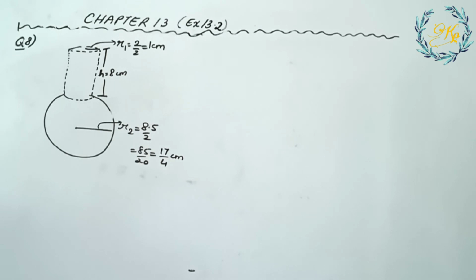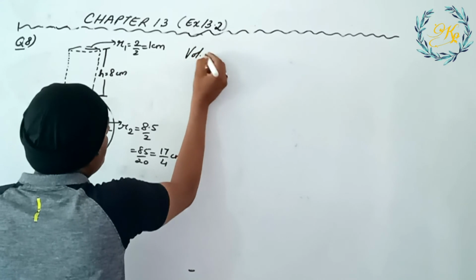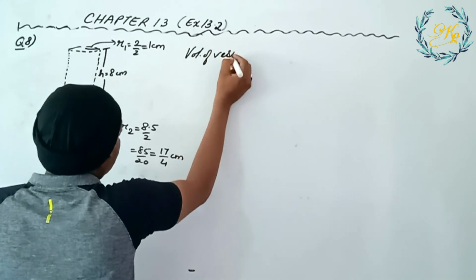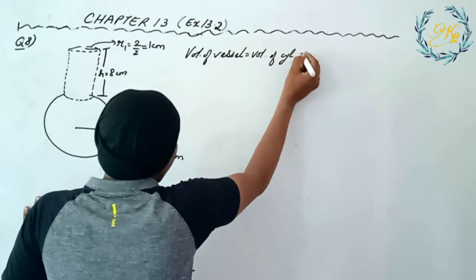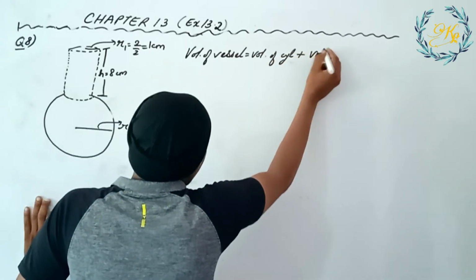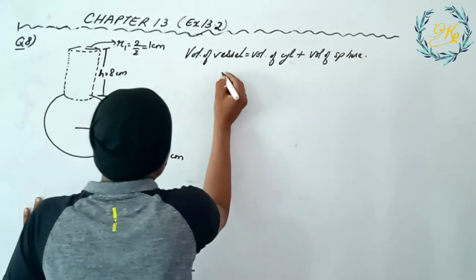So first of all, we will find the volume of the glass vessel. Volume of vessel is equal to volume of cylinder plus volume of sphere.